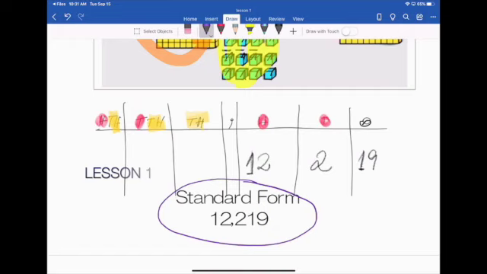Because they need to understand these 19 ones need to be compared. This is 210 and here we have 1200.